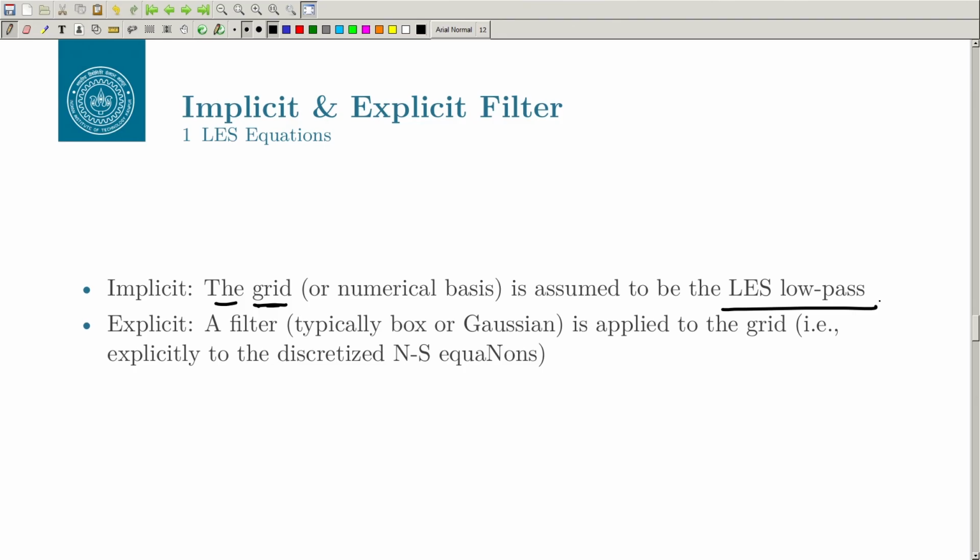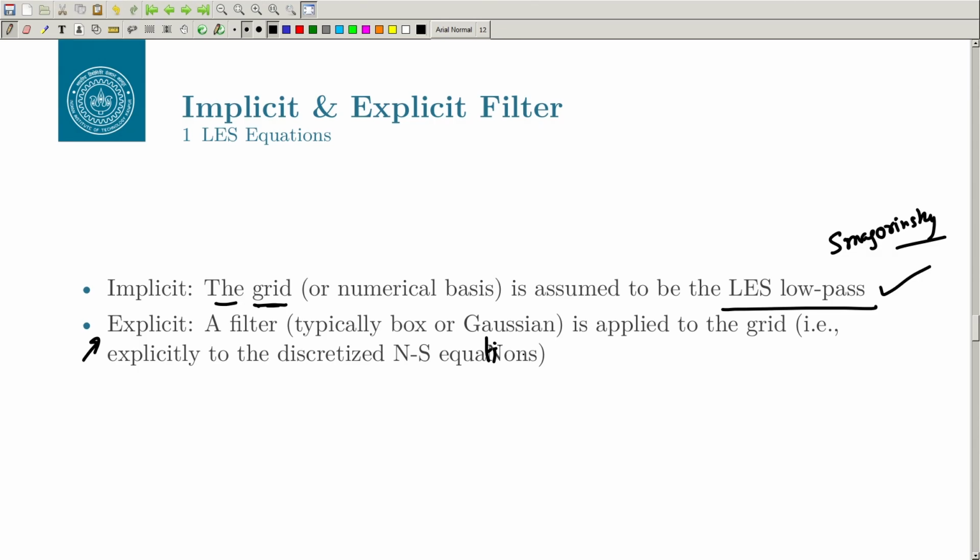So, the grid size acts as a filter, which is the more common approach, like in Smagorinsky and others, using the implicit filter. But some researchers also use an explicit filter, typically of box or Gaussian type, applied to the grid, and both have some advantages and disadvantages.